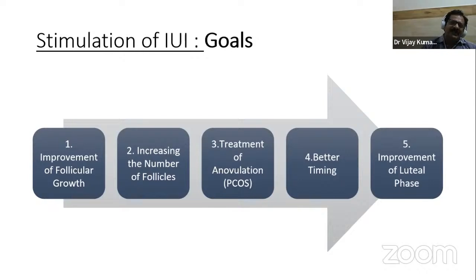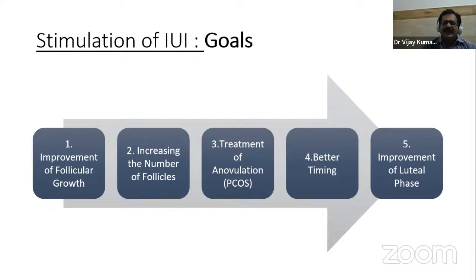Either in the natural cycle, the LH surge can be detected and the IUI done at 36 to 40 hours, or else in the ovulation induction, once the appropriate size of the Graafian follicle is achieved, the HCG is given, which mimics the LH surge. The timing of the HCG injection is considered as the LH surge, and 36 to 40 hours following the injection, the IUI can be timed.